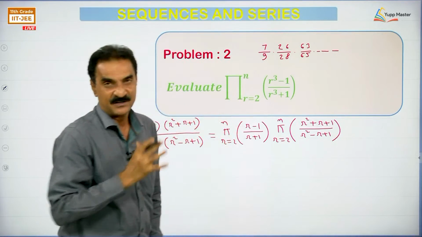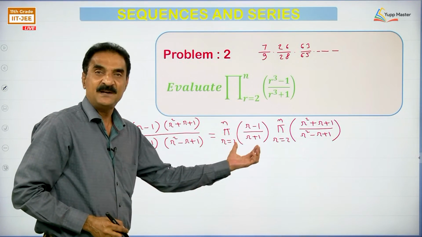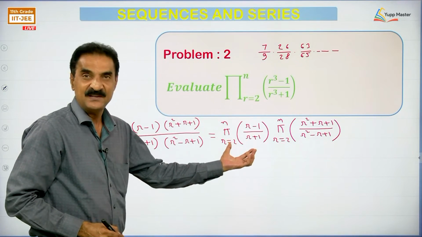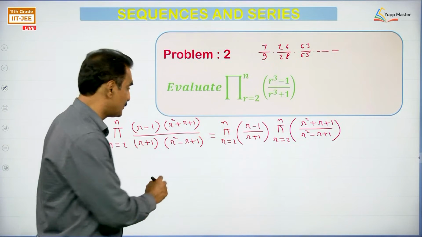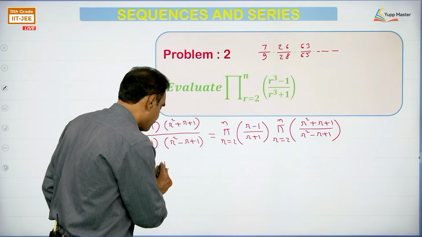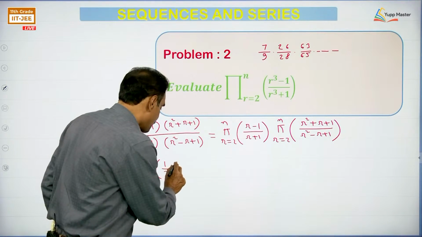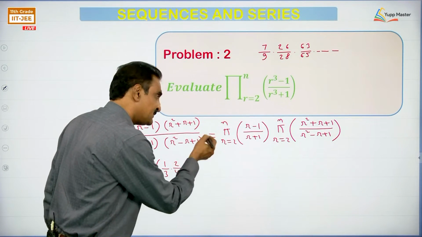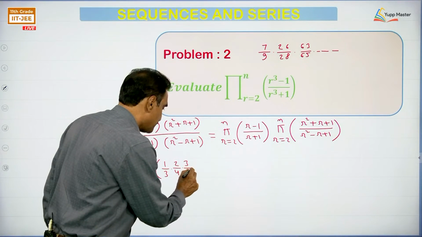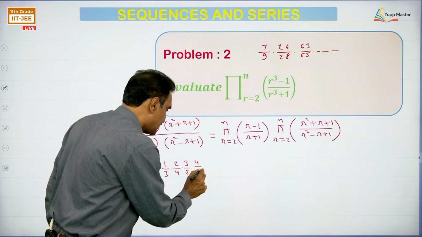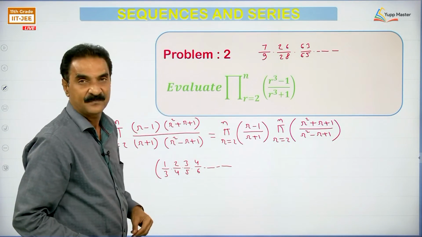Pi represents product. Now, if you expand this product, putting r is equal to 2, you will get 1 by 3. Putting r is equal to 3, you will get 2 by 4. Similarly, putting r is equal to 4, you will get 3 by 5. Next 4 by 6 and so on. Finally, putting r is equal to n.